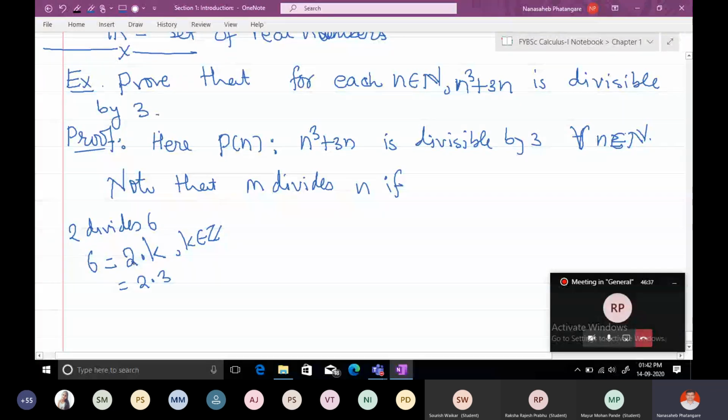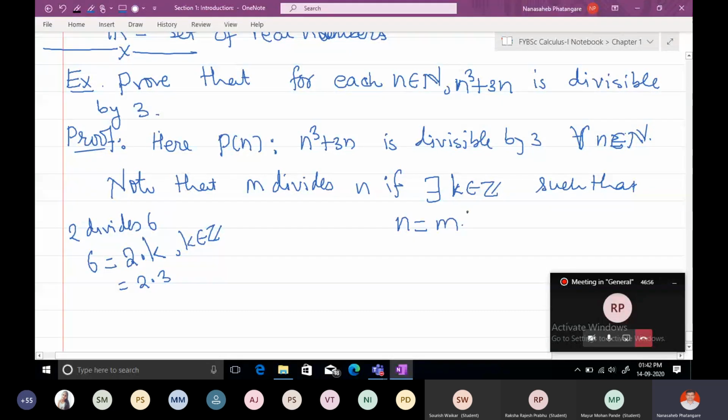So m divides n if there exists an integer k such that n is equal to m times k. So m divides n means n is the product of m and k, or m is a factor of n. This is the standard way to understand divides, so that you know.